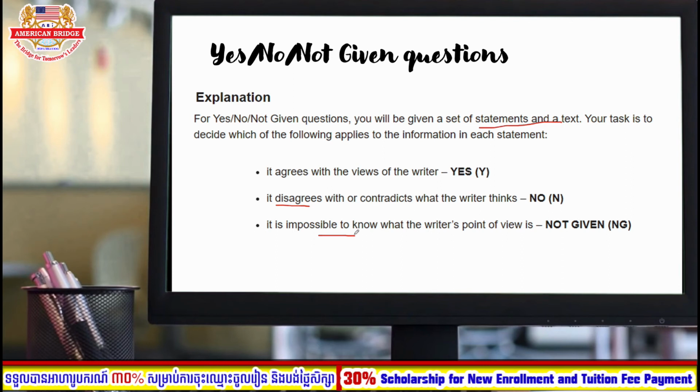Again, reading exercise goes beyond scanning for vocabulary, scanning for information to answer a comprehension question. There are a lot of different types of questions that teachers can use in the reading exercise. So for the learner, you should be able to do all of those types of questions or exercises in the reading exercise.